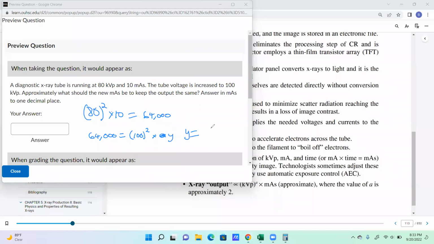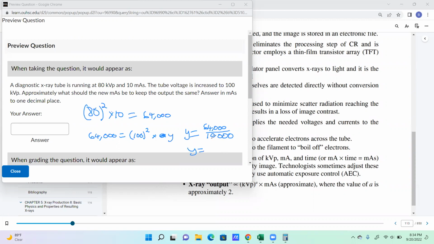Y is going to be equal to 64,000 divided by 100 squared, which ends up being 10,000. So we take this divided by that.